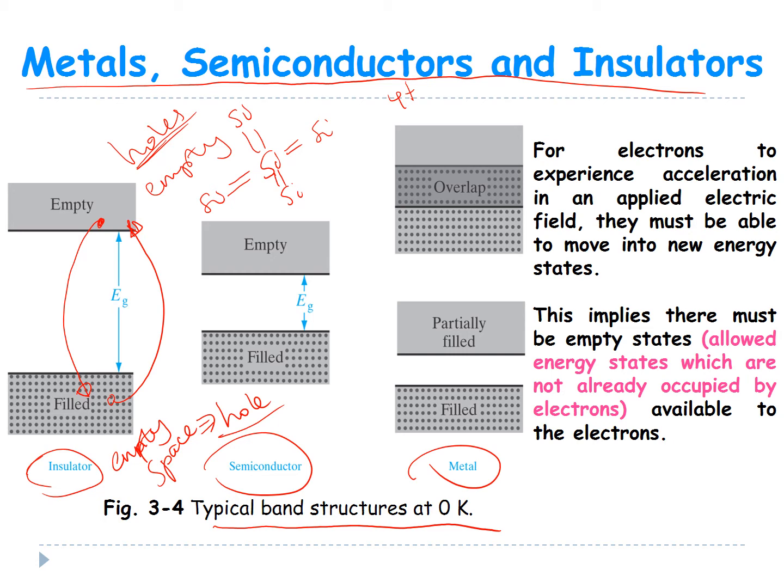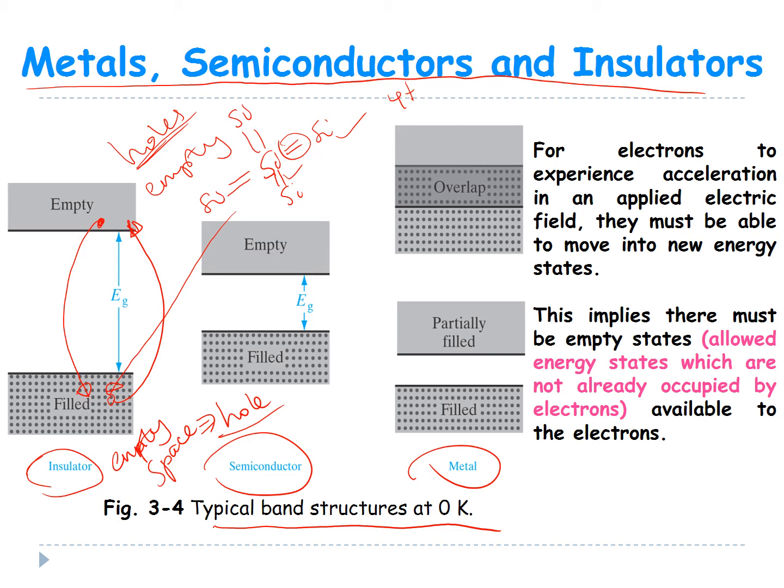So if it shares 1 electron with 4 other silicon atoms each, then it can obtain this octet state. So the covalent bond here represents 2 electrons that are being shared by these 2 atoms, this guy here and that one over there. This is the covalent band where you have the bonds.